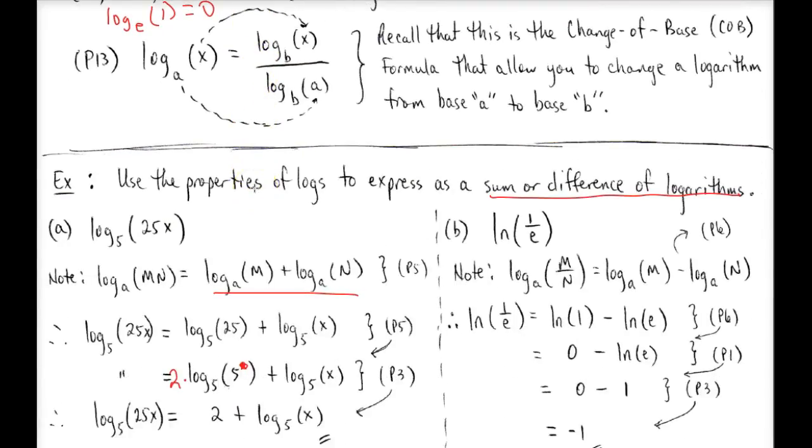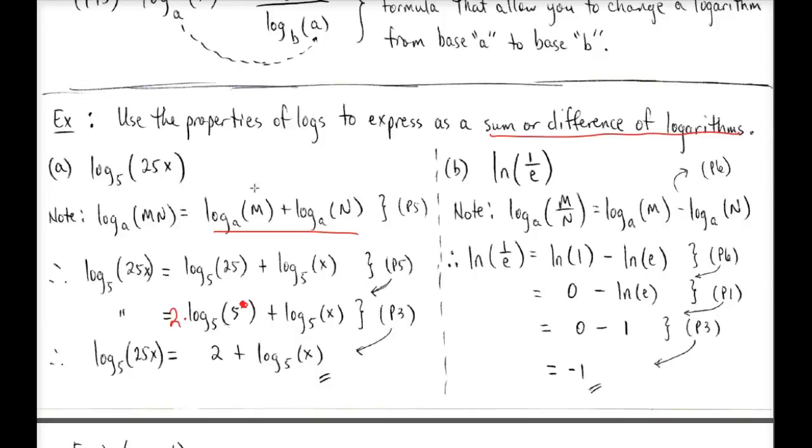So log base 5 of 5 is 1, and 2 times 1 is 2. That's how we get that answer. The log base 5 of x, after the addition sign, there's nothing else we can really do with that, so we just leave it as is.